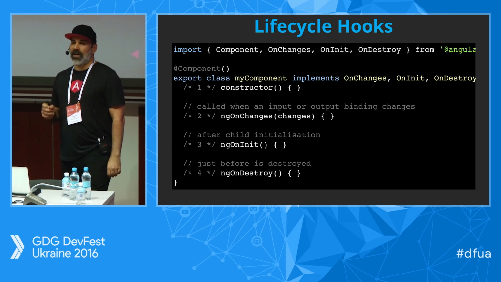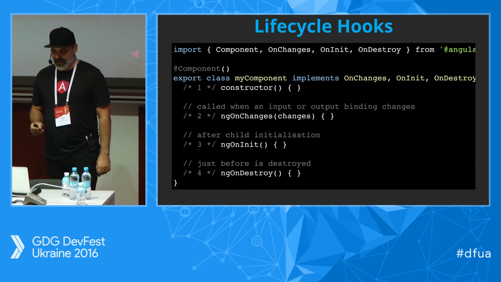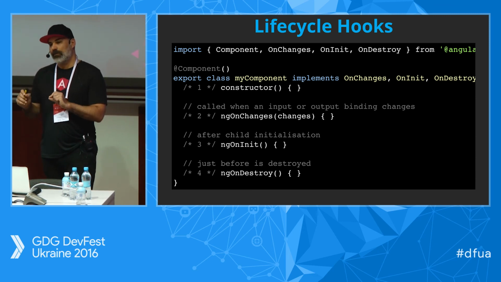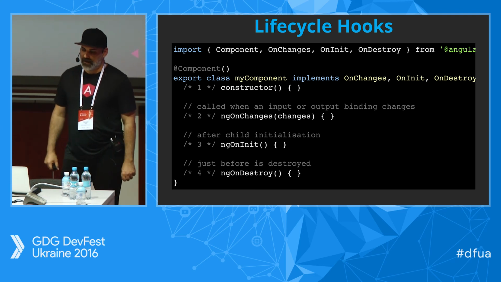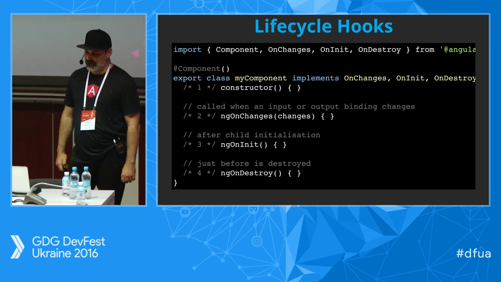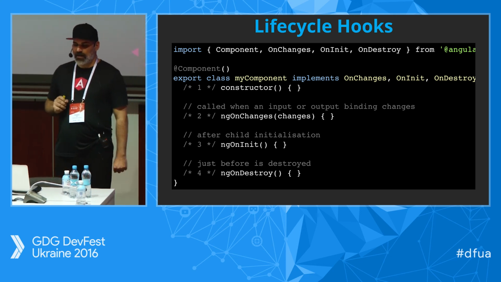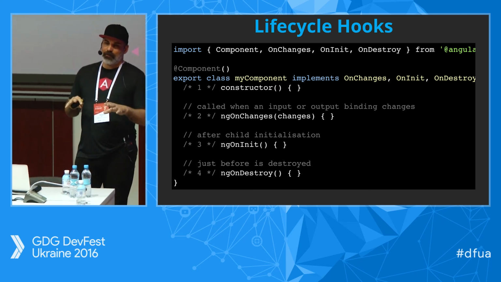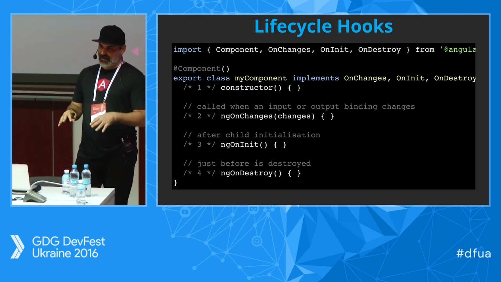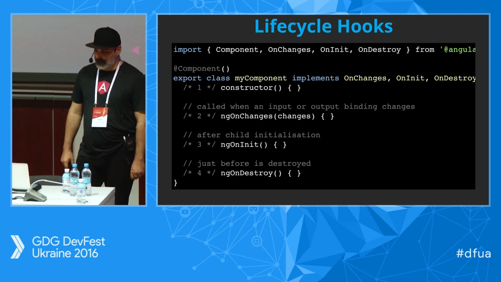Then we will get this event, which is ngOnChanges, and this will be if the inputs or the outputs have changed, we will be notified in this lifecycle hook, which is really powerful. And then this is another one that is really common, and it's when all the components and child components have been initialized, this ngOnInit will be called.